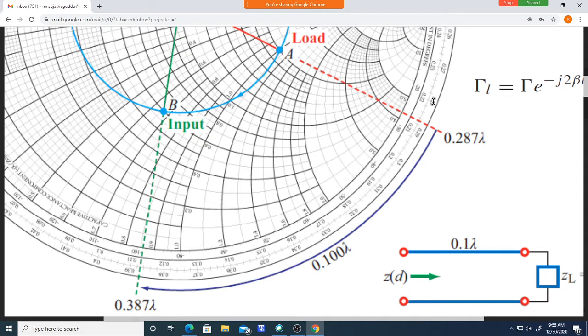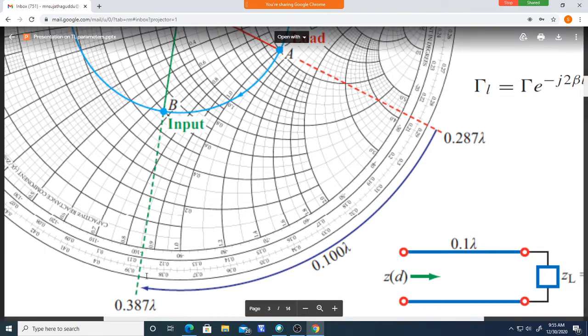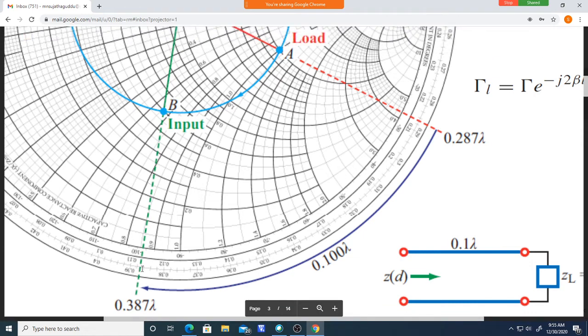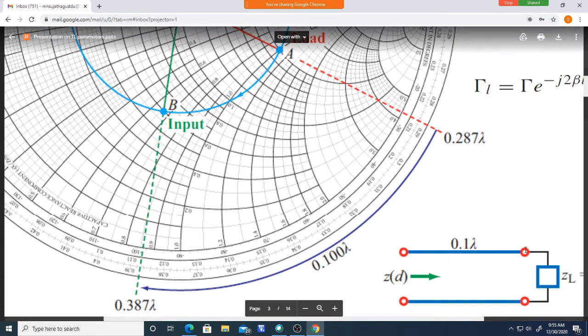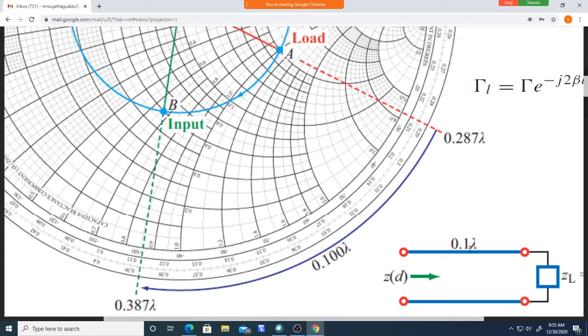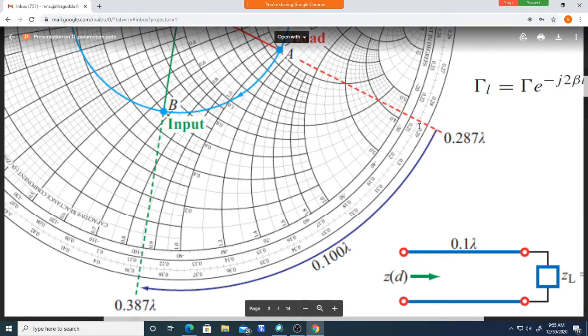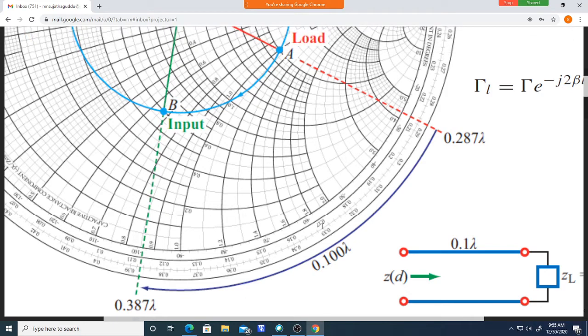So that is 0.395. 0.395 will be approximately here, 0.375 something. So you should stop at that point. You have to move a distance of 0.1 lambda.